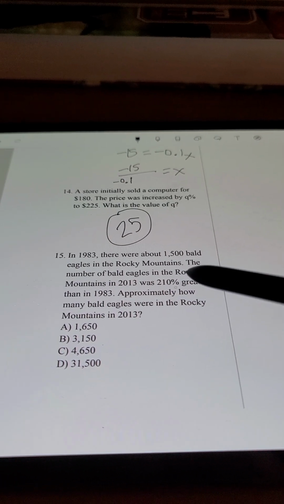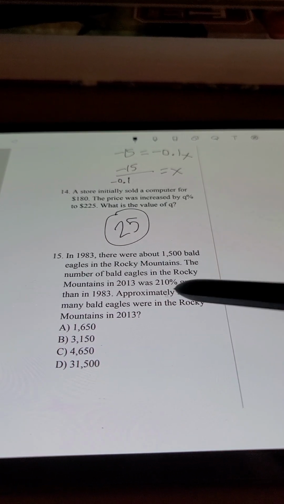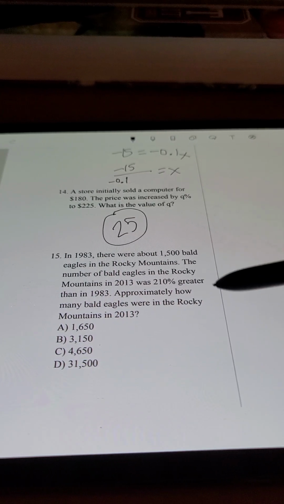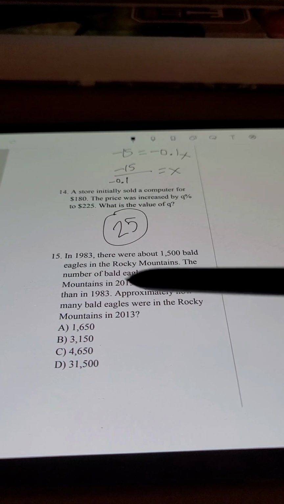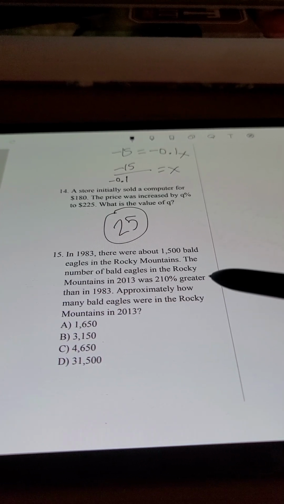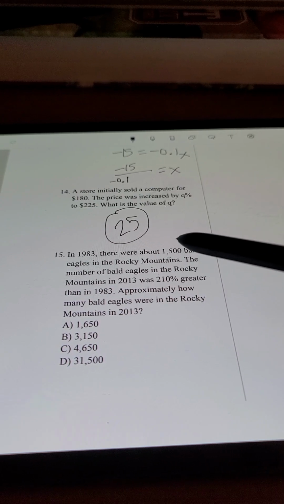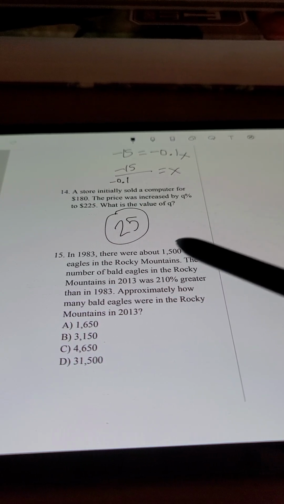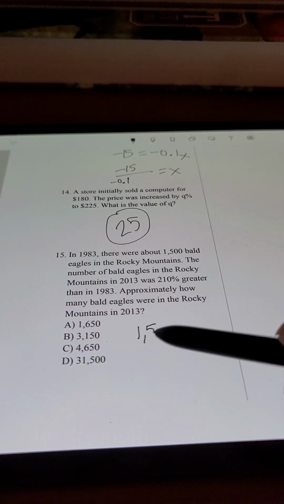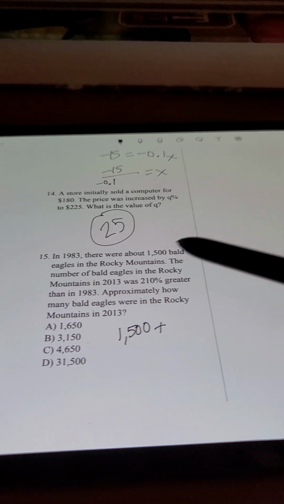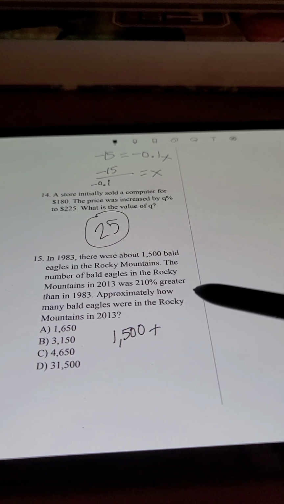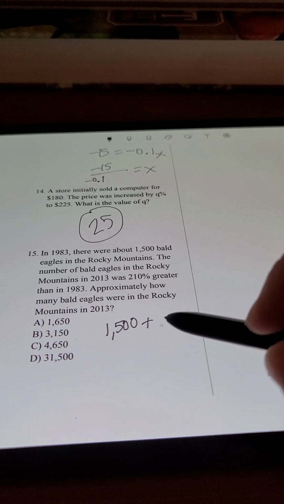In 1983, there were about 1,500 bald eagles in the Rocky Mountains. The number of bald eagles in the Rocky Mountains in 2013 was 210% greater than in 1983. Approximately how many bald eagles were in the Rocky Mountains in 2013? So the original amount was 1,500, right? So we have 1,500 plus, and then that original amount is going to increase by 210%.